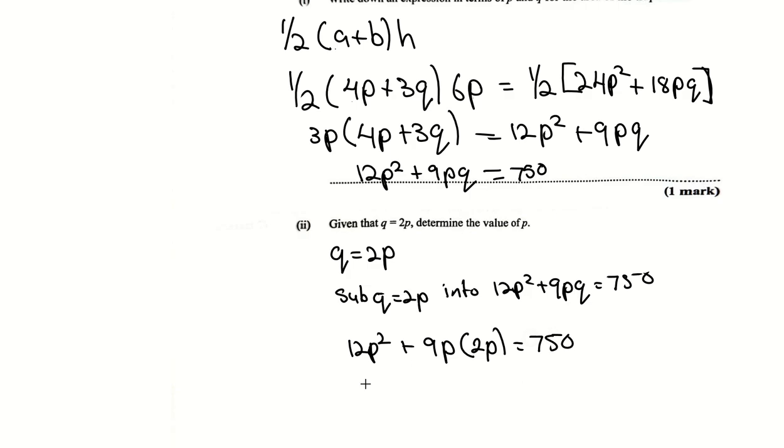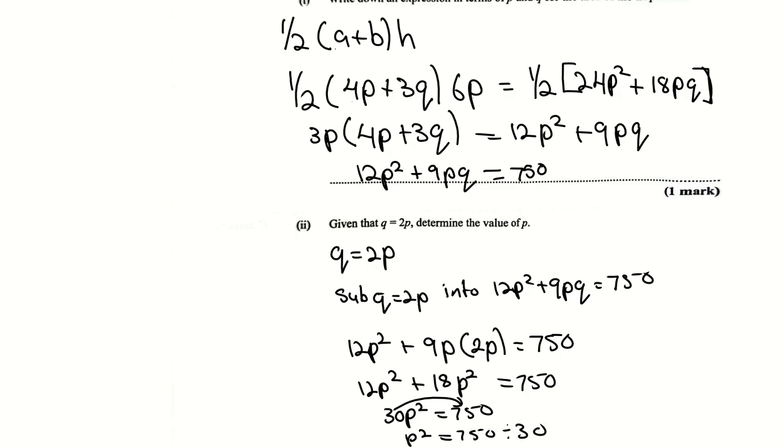That's 12p squared, and 9 2s are 18, so 18p squared is equal to 750. 18 and 12 can add. 18 plus 12 is 30, so you know that 30p squared is equal to 750. You carry across 30, so p squared is 750 divided by 30, which is 25.